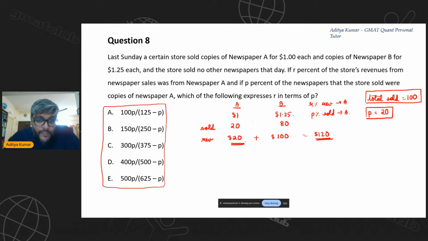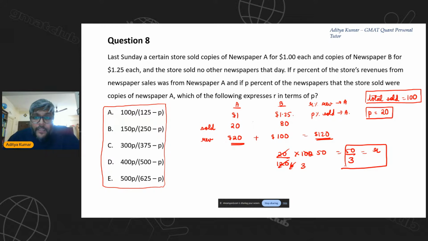Out of that, how much is the revenue that A is bringing in? 20. So what would be the percentage of revenue that A brings in? 20 by 120 times 100. That will give me 100 by 6. Simplify, which gives me 50 by 3. And what is this 50 by 3? This 50 by 3 is actually R.